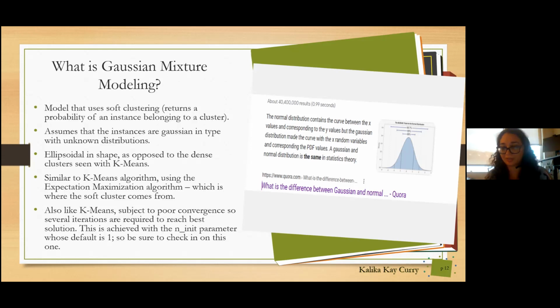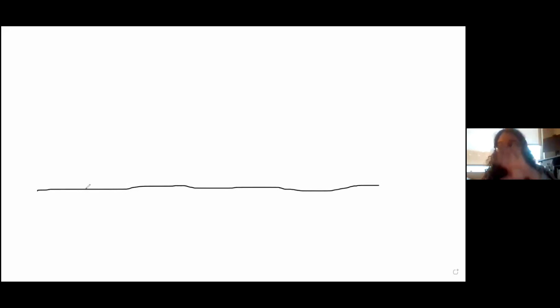And correct me if I'm wrong, it's just my idea right now. So, much like what we saw in k-means, where it just doesn't know where to start. It's just kind of picking something out, right? So if you start from anywhere you want and you expect to get somewhere, you're going to get somewhere. It's just that what that somewhere is may not be exactly what you expect or what you want, right?